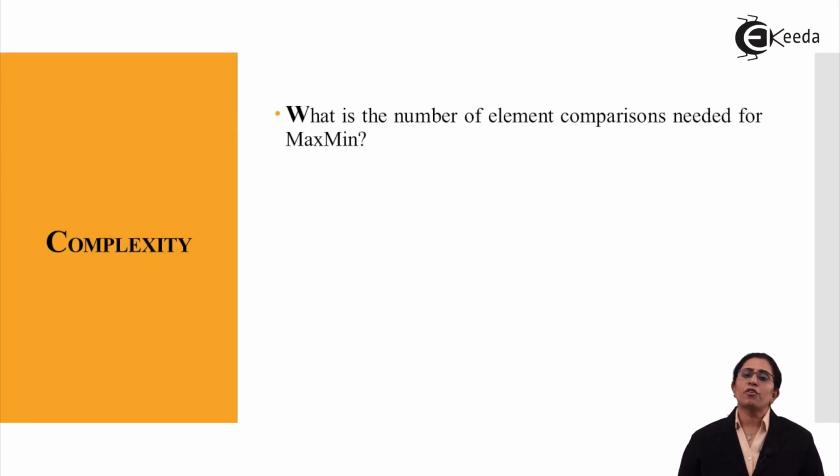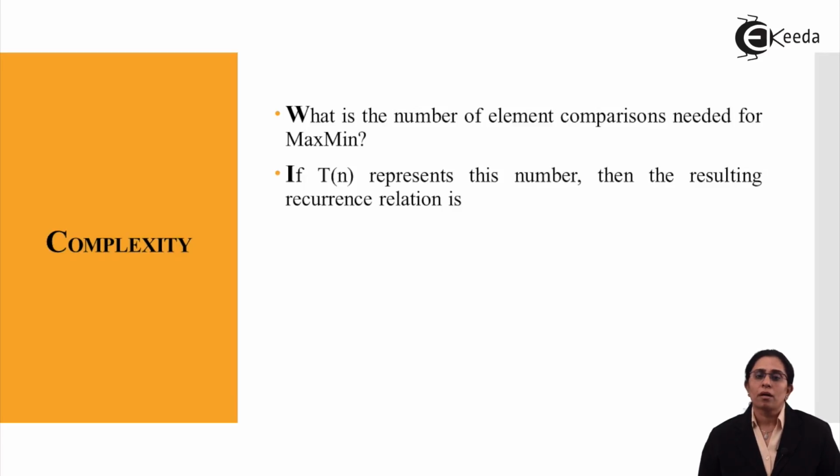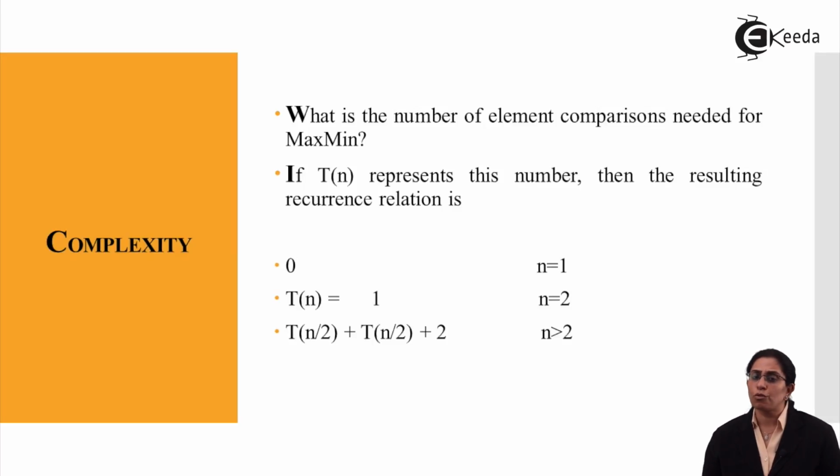Here, what is the number of element comparisons needed for min-max that we saw just now? If T of n represents this number, then the resulting recurrence relation is: T(n) = 0 for n equal to 1, T(n) = 1 for n equal to 2, and T(n) = T(n/2) + T(n/2) + 2 for any value greater than 2.